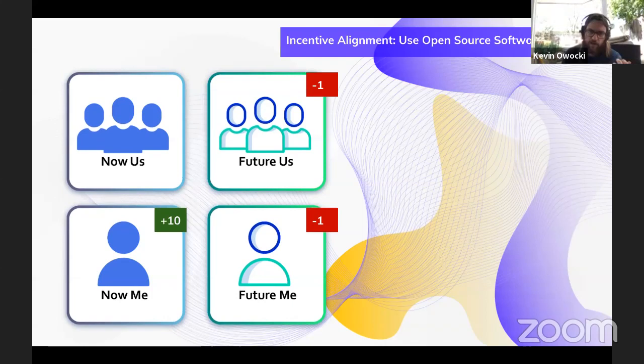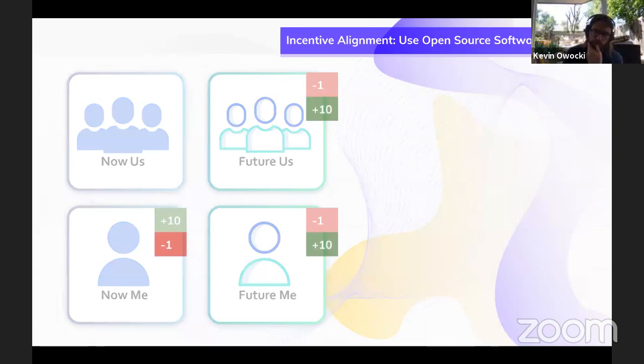Sometimes markets create a fitness payoff for now me, but you're trading off, arbitraging your future self or the future of your community.